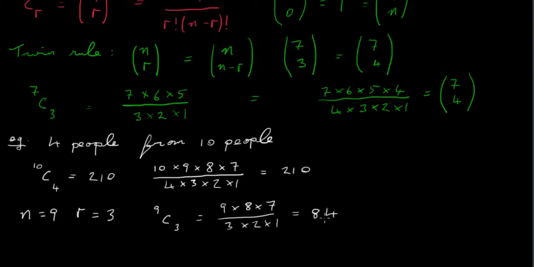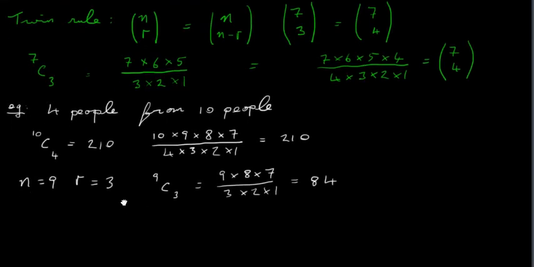So there are 84 ways of choosing 3 people from 9, or choosing a team of 4 or a committee of 4 from 10 people if one person must be on the committee or on the team.